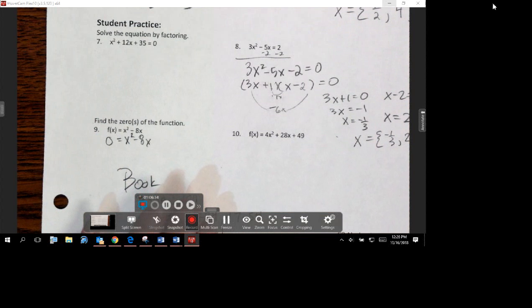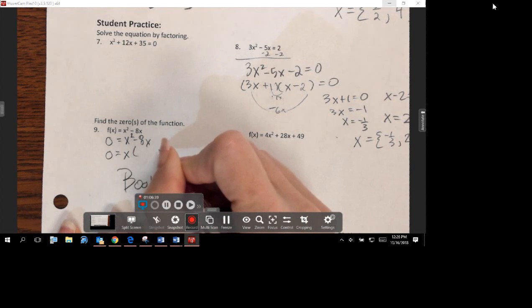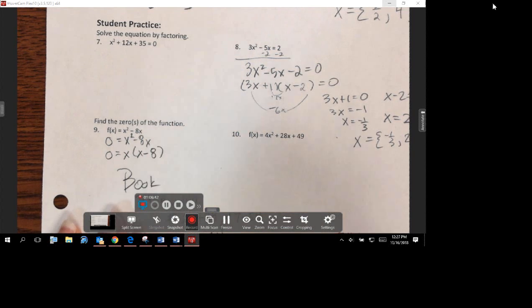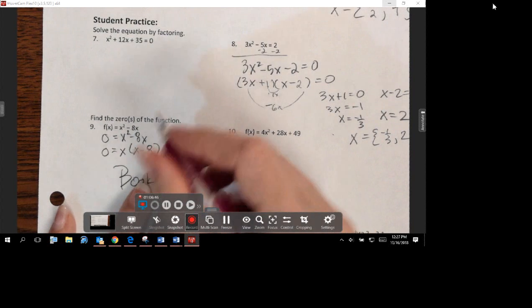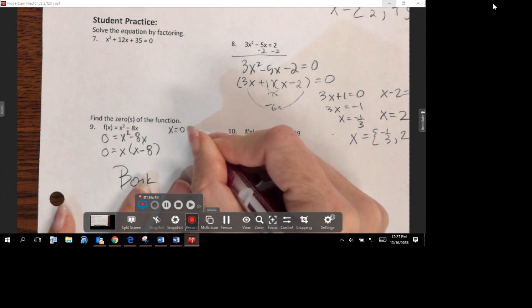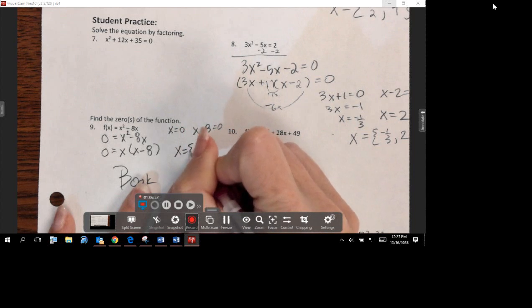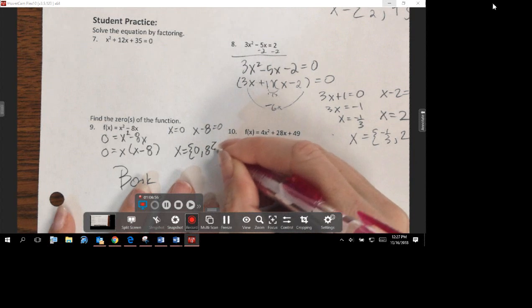Is there a GCF? So we'll take out that x, and we have left over x minus 8. We'll set each of those, x and x minus 8, each equal to 0. We get 0 and positive 8 as our two solutions.